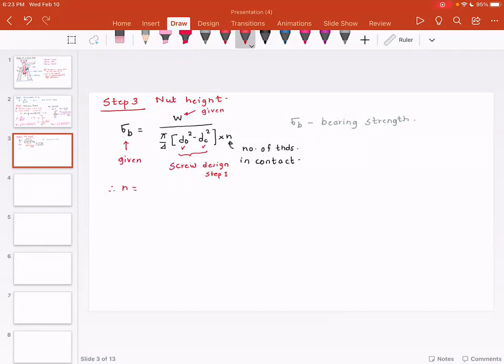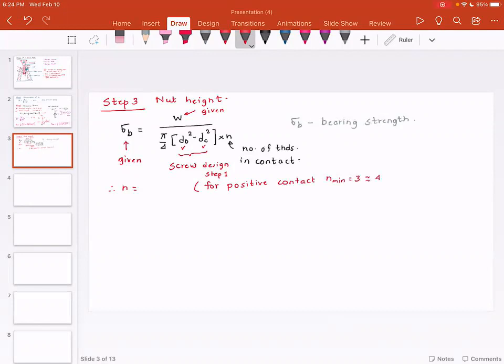And please note, we discussed in last class, for positive contact, N minimum should be 3.